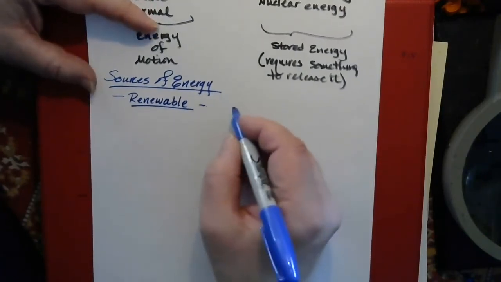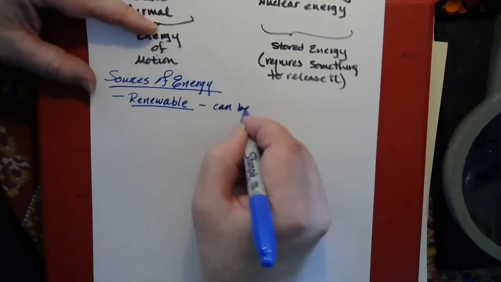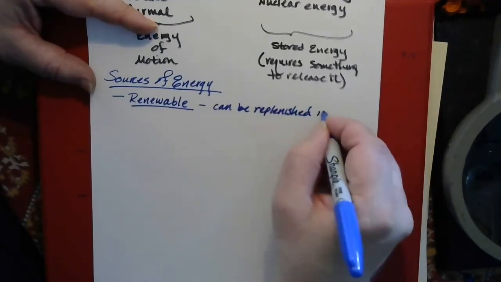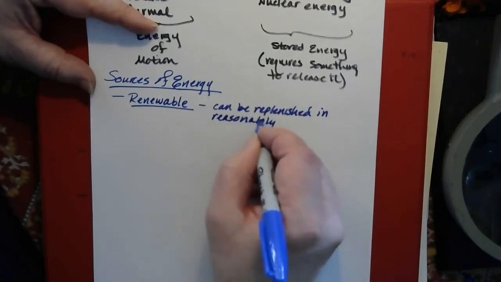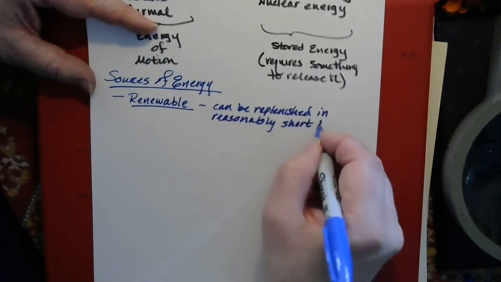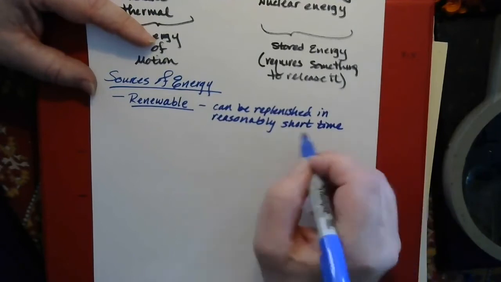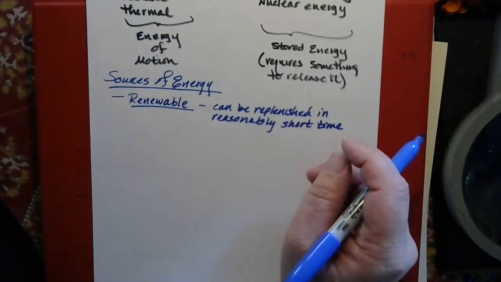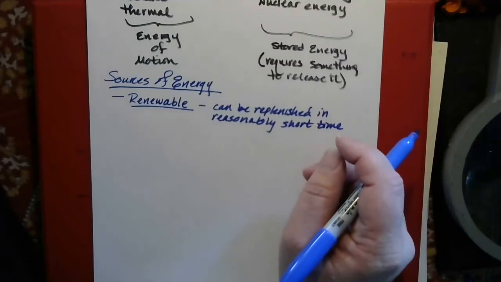Renewable energy sources are able to be replenished in a short period of time. Now it begs the question of what is a reasonably short period of time? It usually has to do with something that's more or less on the scale of the time it takes to use the energy.